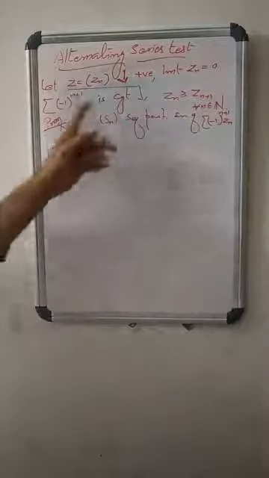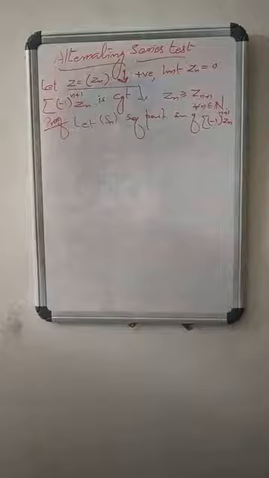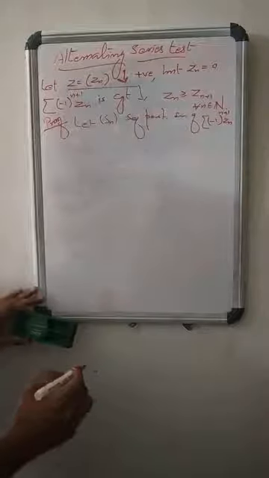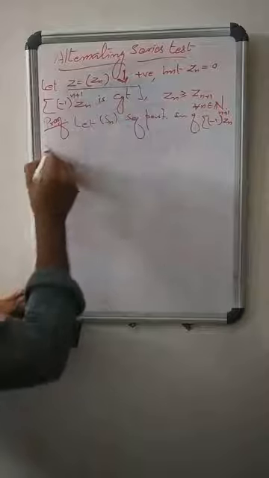Let Sn be the sequence of partial sums of the series sigma (-1)^(n+1) zn. So what is Sn actually?